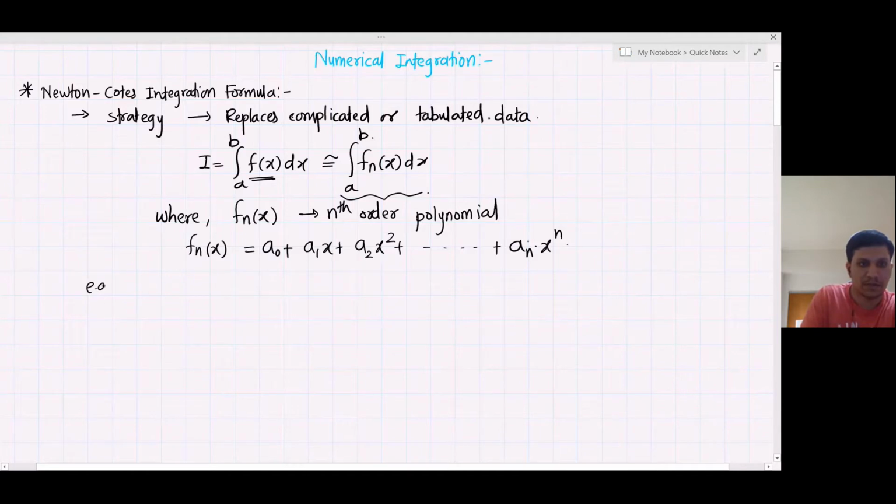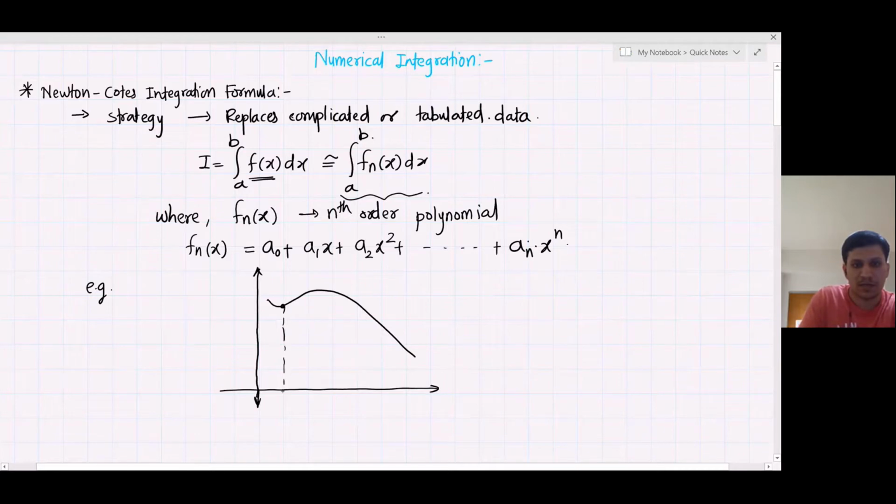For example, suppose we have this type of curve, and we need to perform the integration from this point to this point.